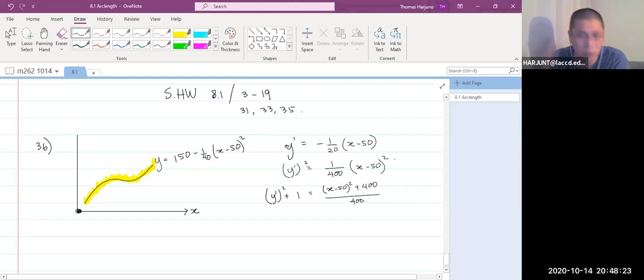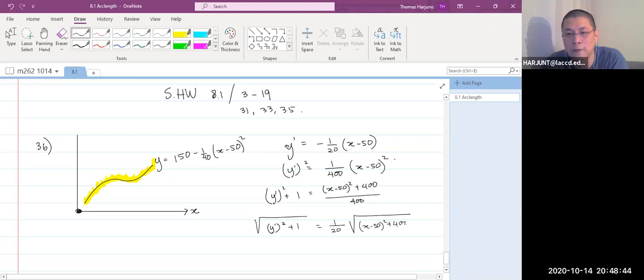I hope you understand. When I add 1, I do the LCD right away. Such that the square root of this equals 1 over 20 square root of x minus 50 squared plus 400.